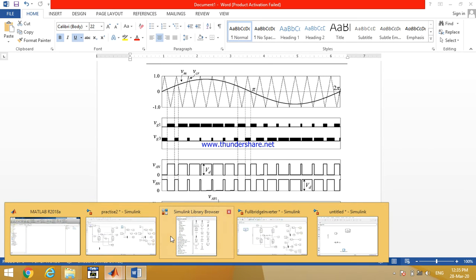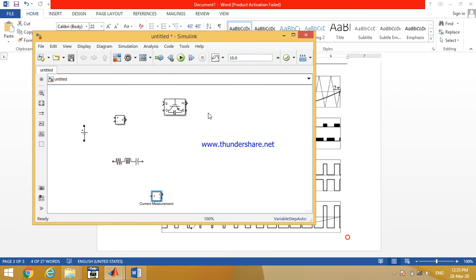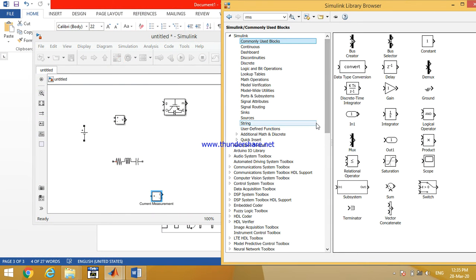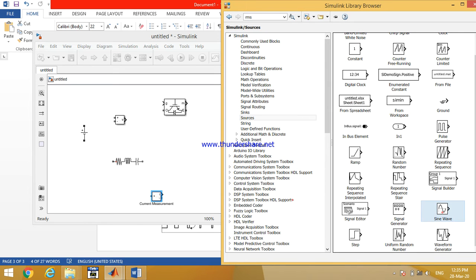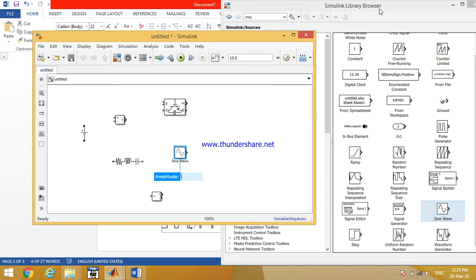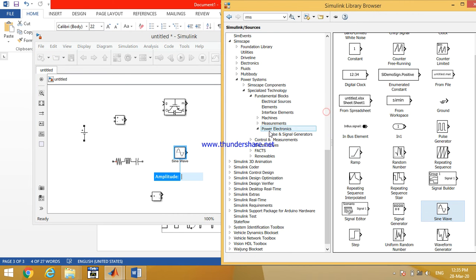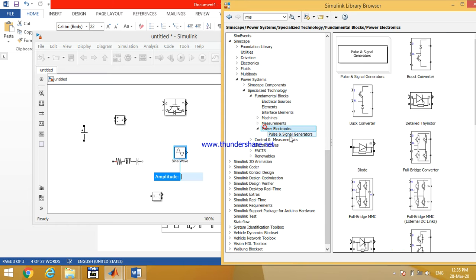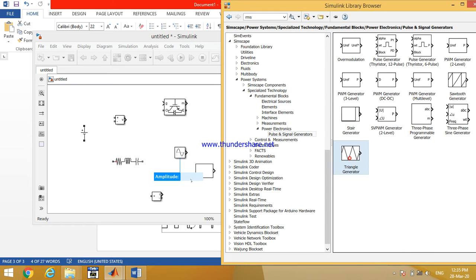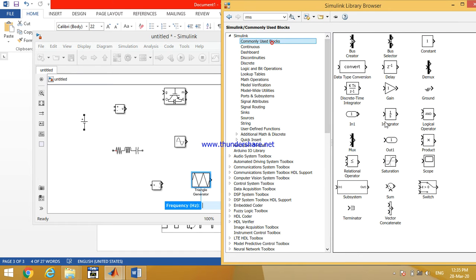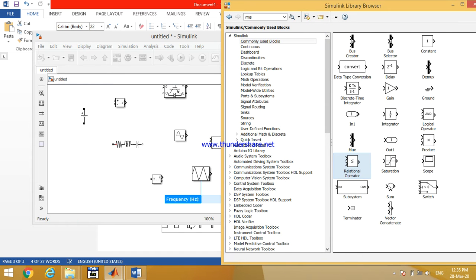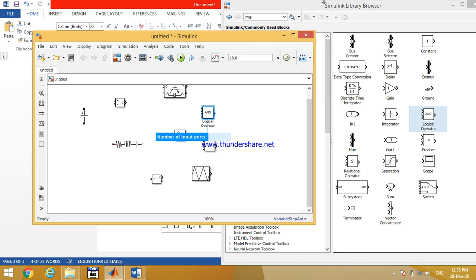So we'll go to the library browser first of all, and we'll take sources, one sinusoidal waveform, one sine wave, and one triangle wave. Now to compare these two waveforms we require the relational operator. To make the NOT operation of the pulse we require a logical operator, right?